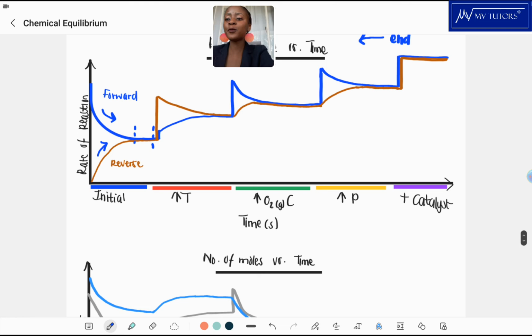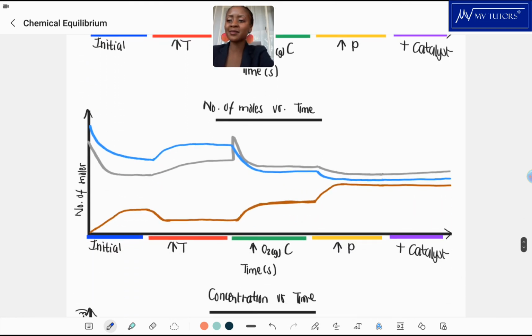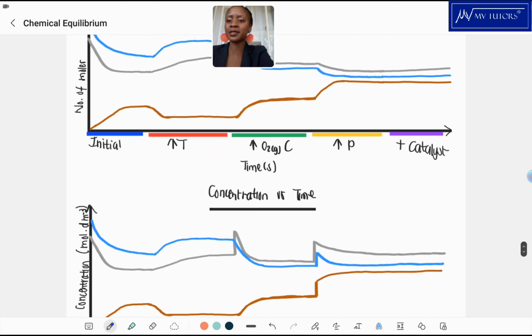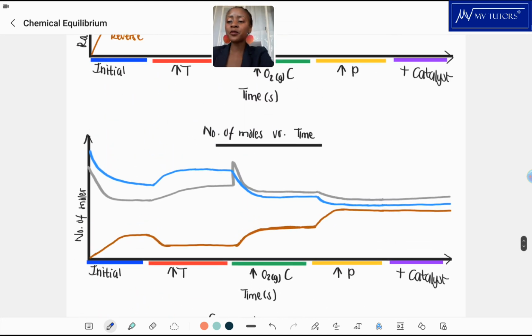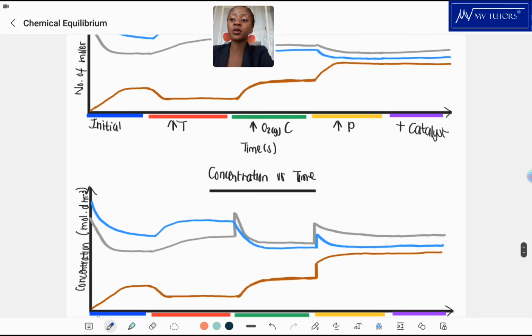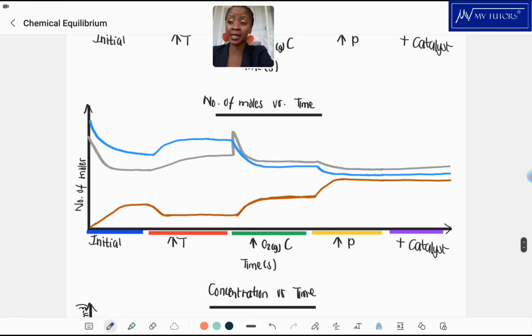All right, if we look at the number of moles versus time, the number of moles versus time looks exactly like the concentration versus time until we get to pressure. So we'll see. With the number of moles versus time, again, initially, the reactants have the highest number of moles. But because products are being formed, the products increase with time, the number of moles as well as the concentration, but the reactants decrease over time.